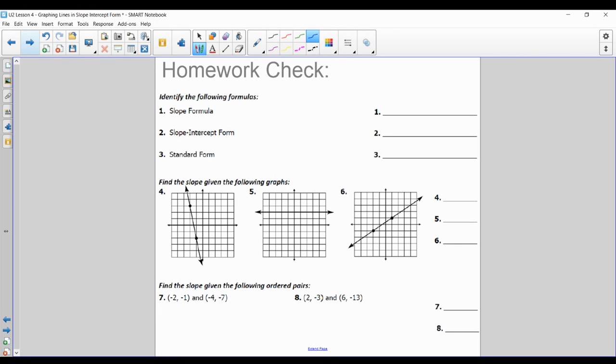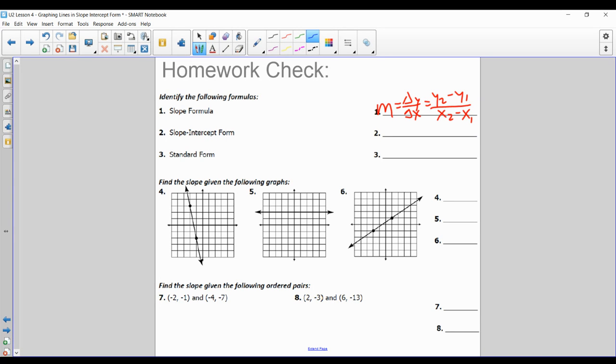The homework, I'm going to say just 2 things really briefly. I'm going to remind us all that the slope formula is what we just did. Change in y over change in x, y2 minus y1 over x2 minus x1.